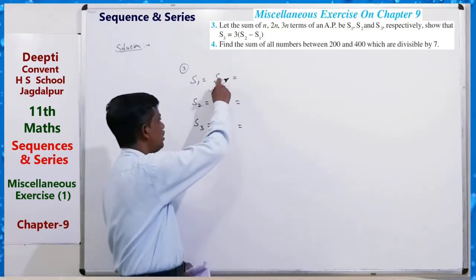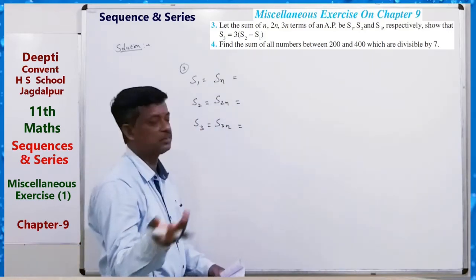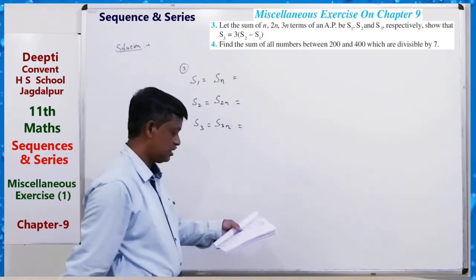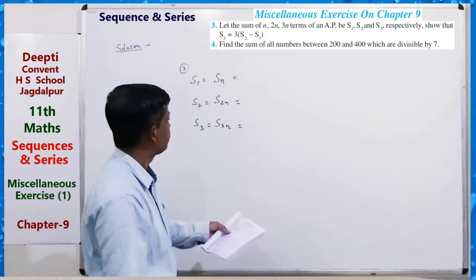From the formula we have to find the values of S1, S2, S3, up to the nth term, up to the 2n term, up to the 3n terms, like this. So here we get what?